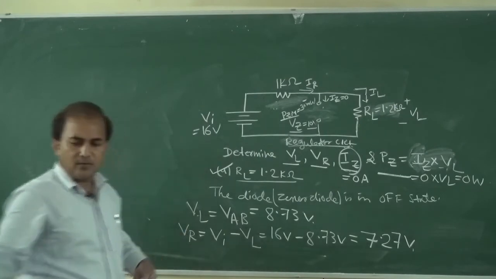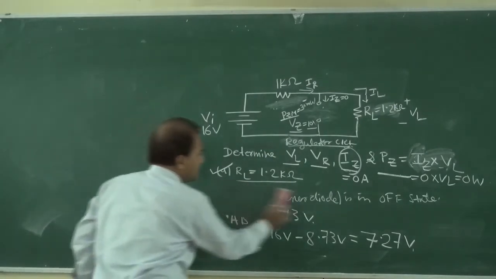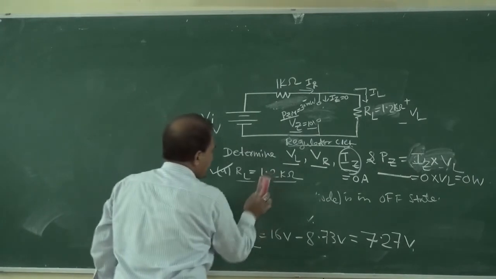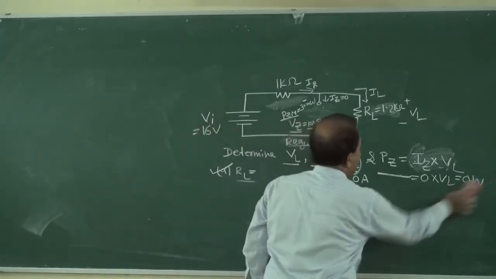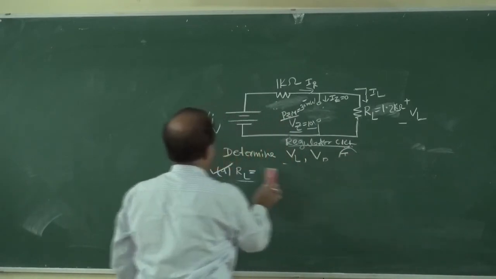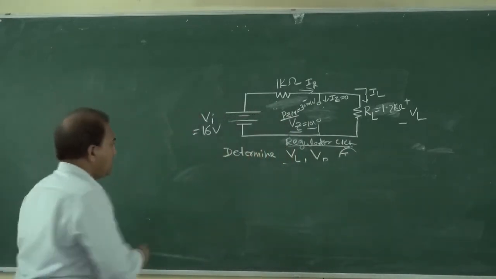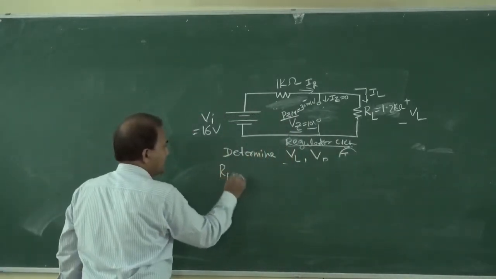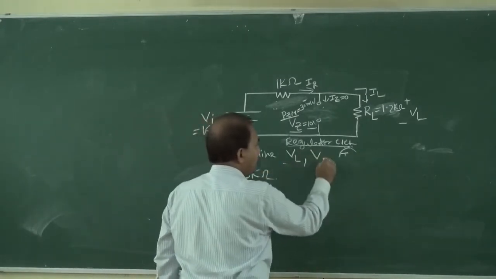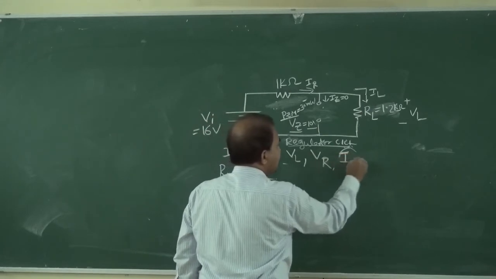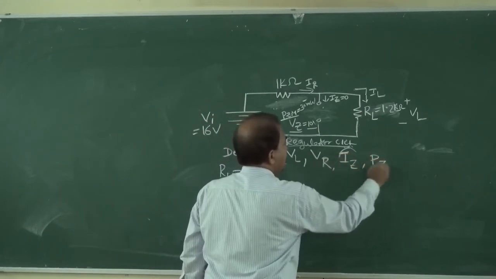Then we have to calculate all these values when RL is equal to 3 kilo ohm. When RL is equal to 3 kilo ohm, we have to determine again VL, VR, IZ and PZ.